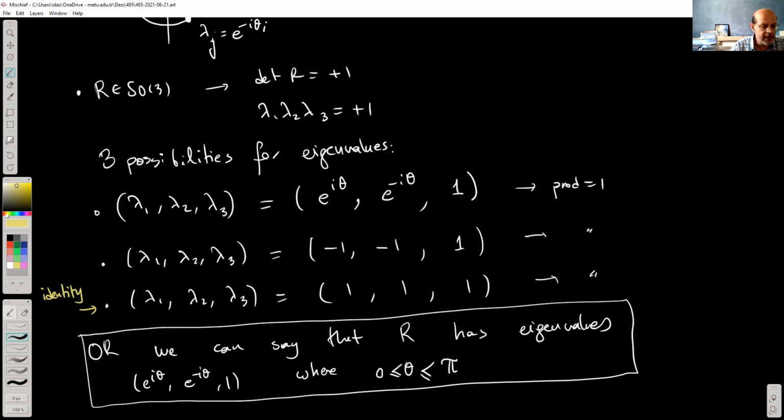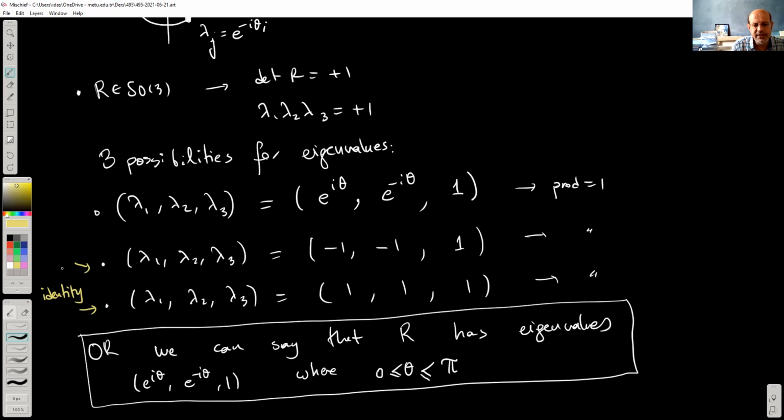Because all of the eigenvalues are equal to 1, and all of the vectors in the space are eigenvectors of that operation. So therefore, this is basically the identity, right?